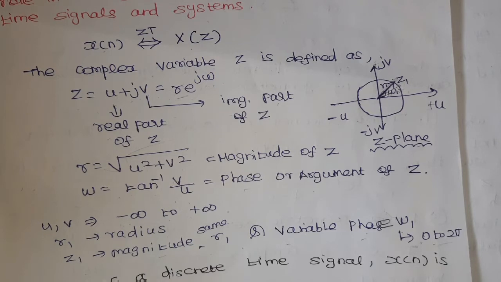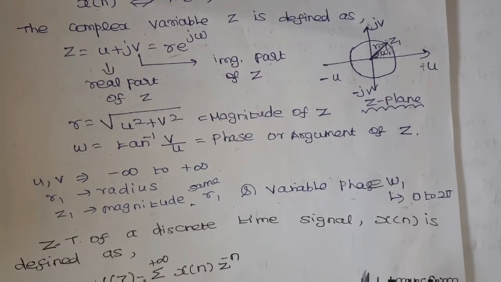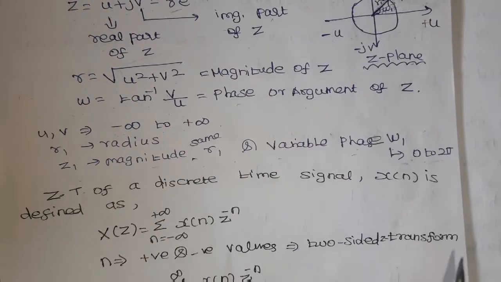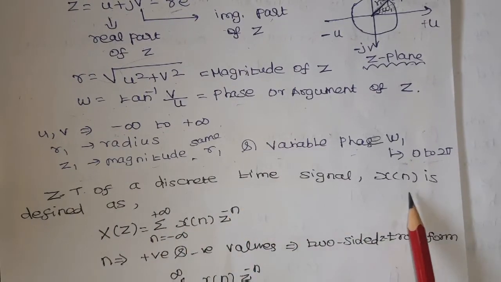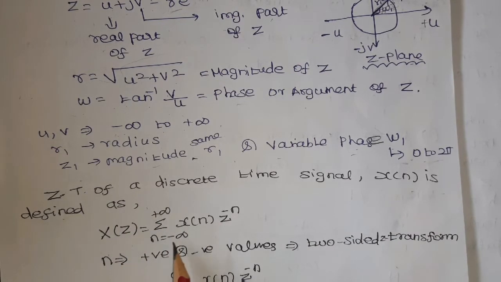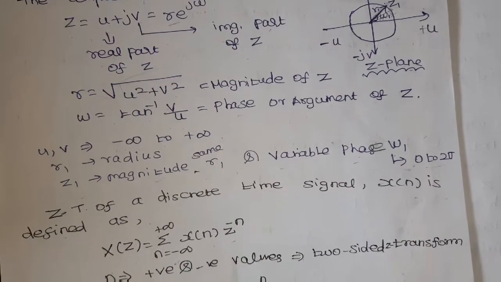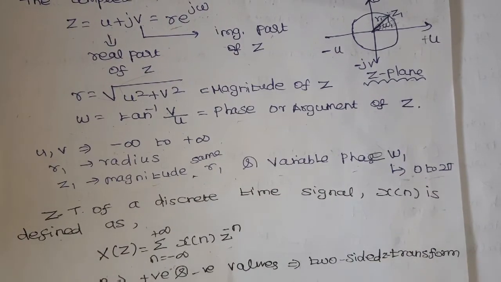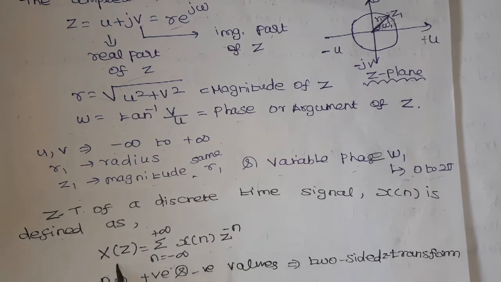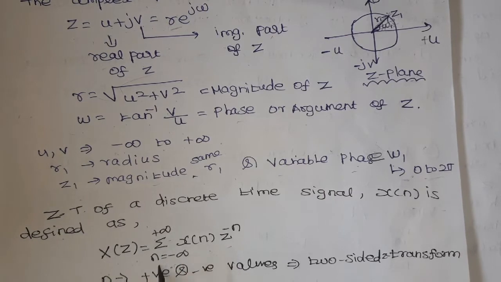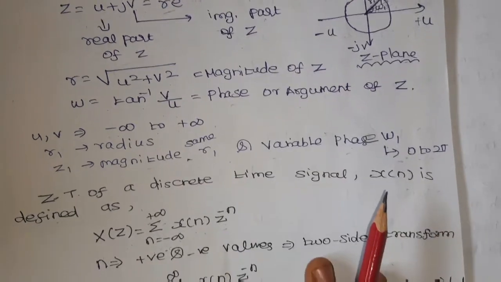Next we will see the formula or definition of the Z transform. The Z transform of a discrete time signal x of n is defined as X of z equal to the summation from n equal to minus infinity to plus infinity of x of n into z power minus n.